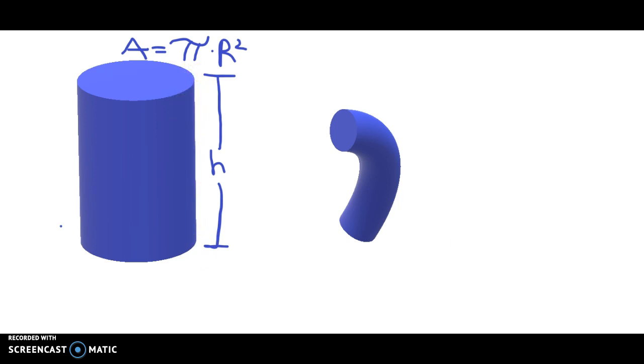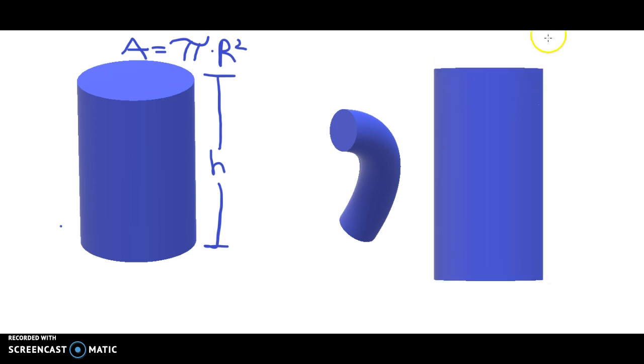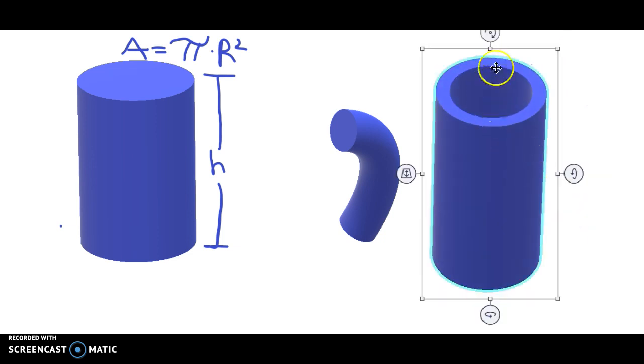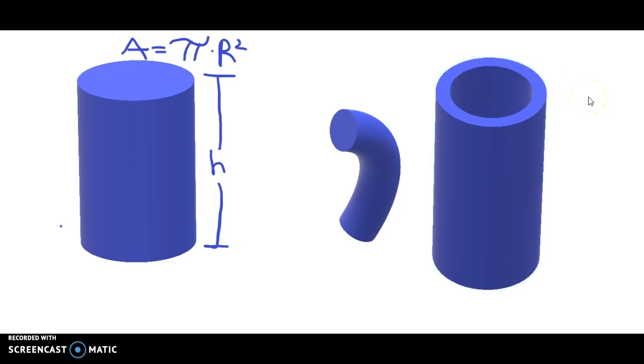And you could have pipes where you have to take into account the inner dimensions and the outer dimensions, so that's possible. And again, if it's some other shape, all you have to do is figure out geometrically what that is, take your measurements, and everything will work out just fine.